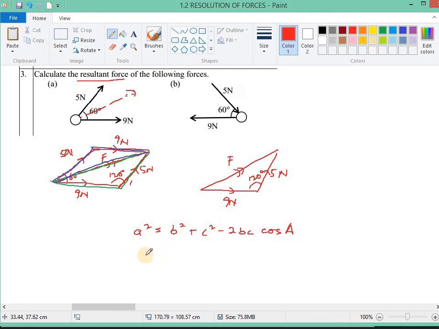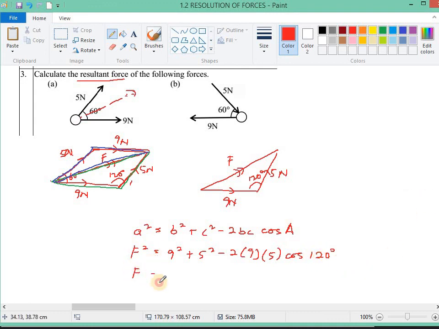Alright, so we substitute in the values. This A is the force. So F square equals 9 square plus 5 square minus 2 times 9 times 5 cos 120 degree.